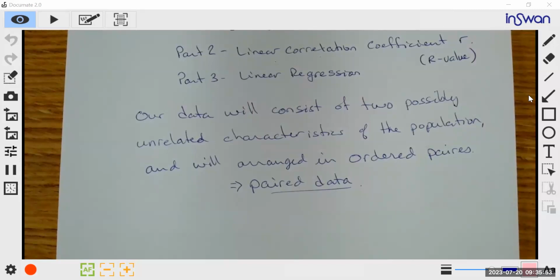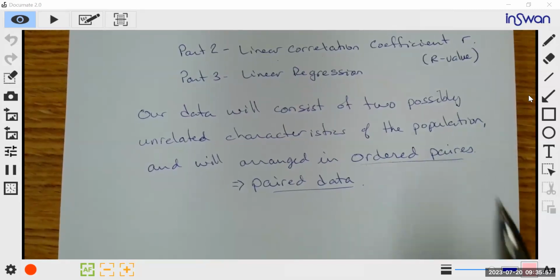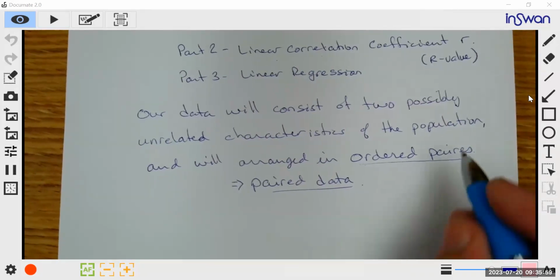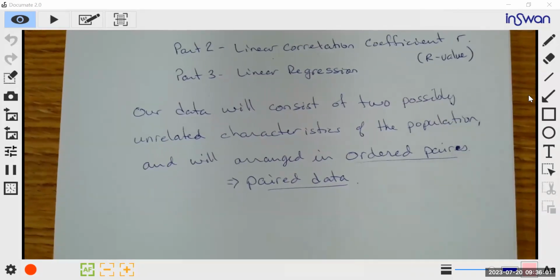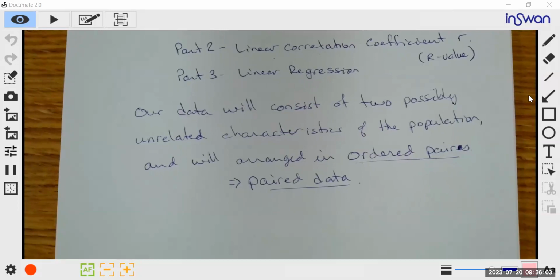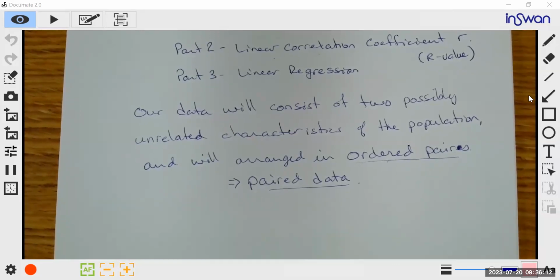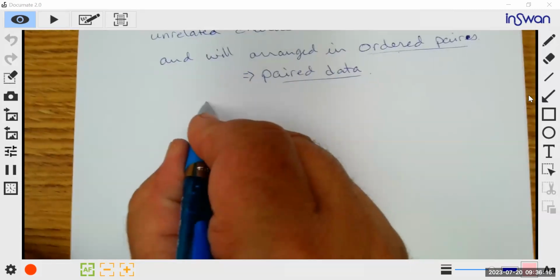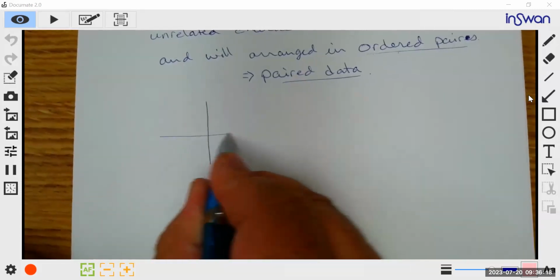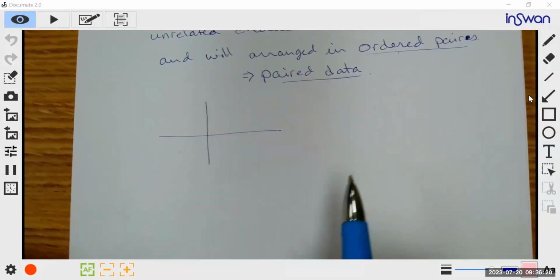Okay, that's a really quick question from algebra. What does ordered pair mean? It's just pairs. What is an ordered pair? Remember, it's the same thing as paired data. Think about the graphs in algebra. What is this horizontal axis called?